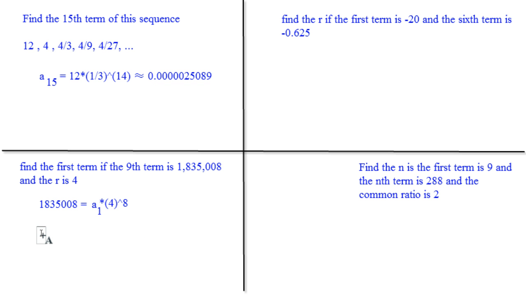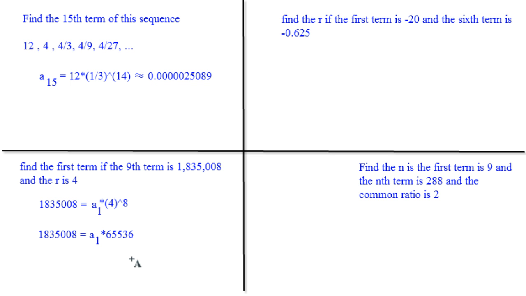And so just rewriting this real fast, 1,835,008 equals a sub 1 times 65,536. Okay, and what we're going to do is just divide.